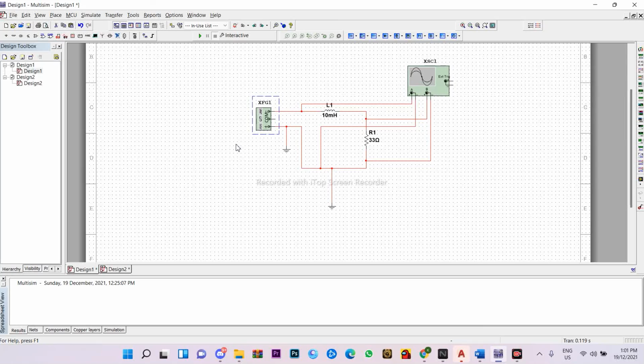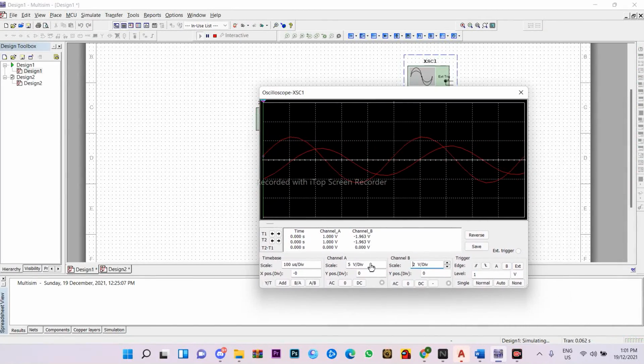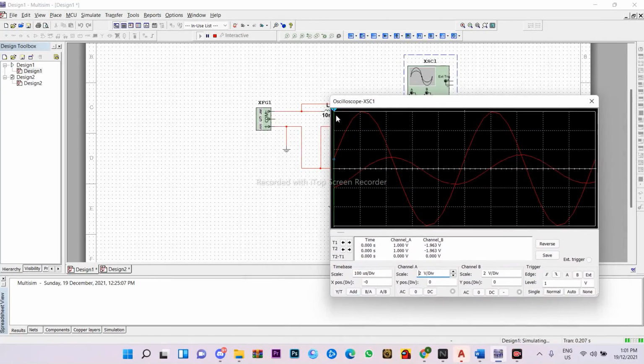So let's measure the RL circuit first. Channel 1 will be at the rising point, and channel 2 will be at the rising point too.